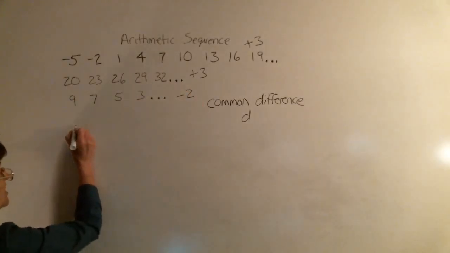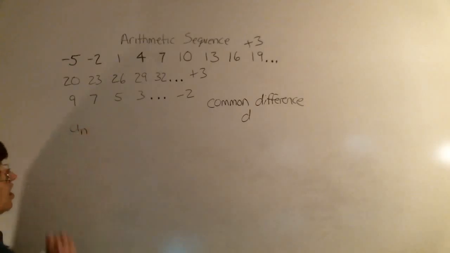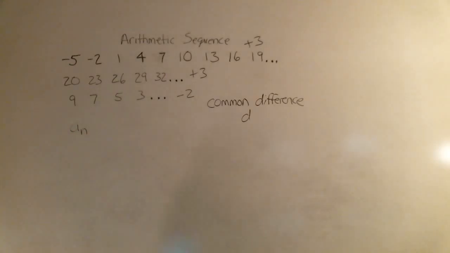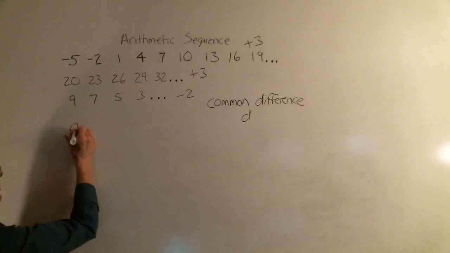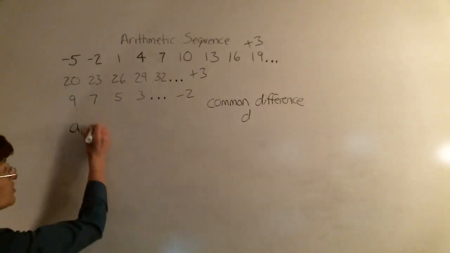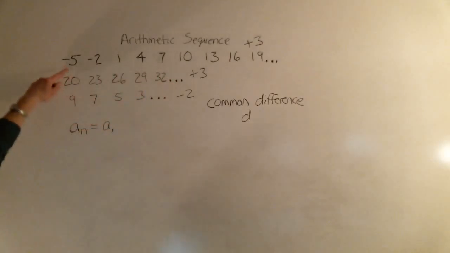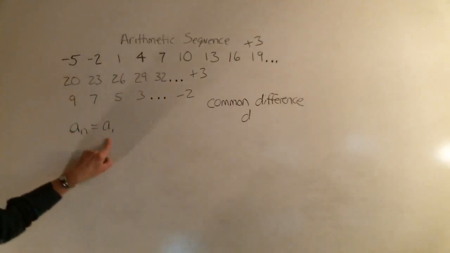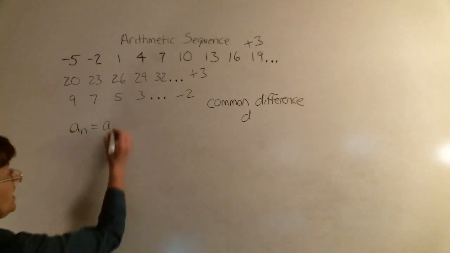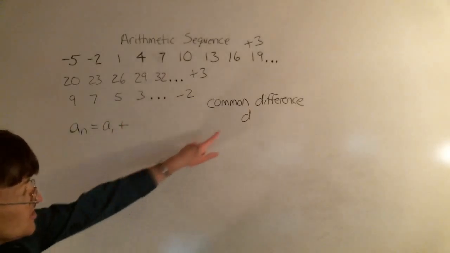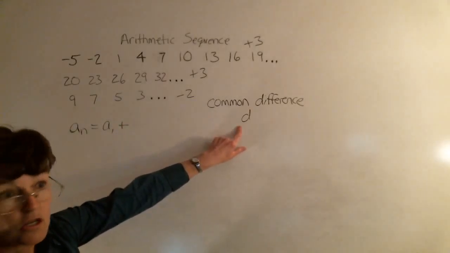So let's talk about the nth term of an arithmetic sequence. So the nth term is found by starting with the first term. Remember we said this pattern of numbers depends on where we start. So we start with the first term, and then we're going to add this common difference so many times.